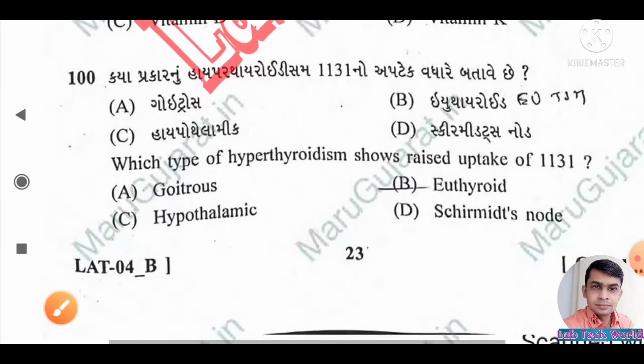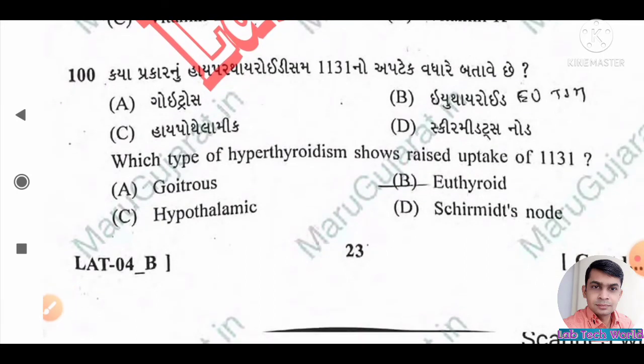Move to the next and last question, that is question number 100. Which type of hyperthyroidism shows raised uptake of I-131? Option number A goitrous, B euthyroid, C hypothalamic, D Schimid's node.